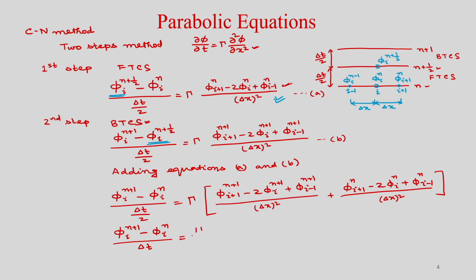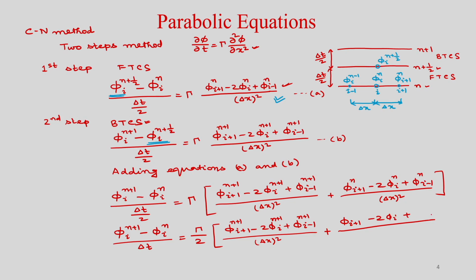So you can write gamma by 2 times phi I plus 1 minus 2 phi I plus phi I minus 1 divided by del x square, all at n plus 1 time level, plus phi I plus 1 minus 2 phi I plus phi I minus 1 over delta x square at n.